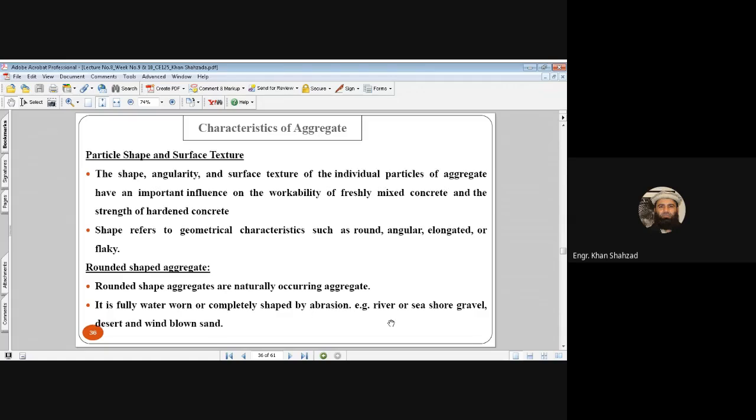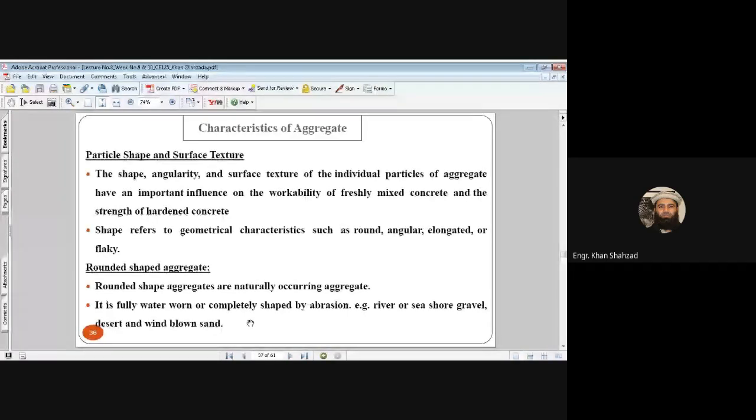For example, river or seashore gravels, desert and wind blown sand, because when the wind is blowing and passing over the sand, it comes in contact with the sand particles, they try to smooth the shape of the sand and remove the sharp edges.